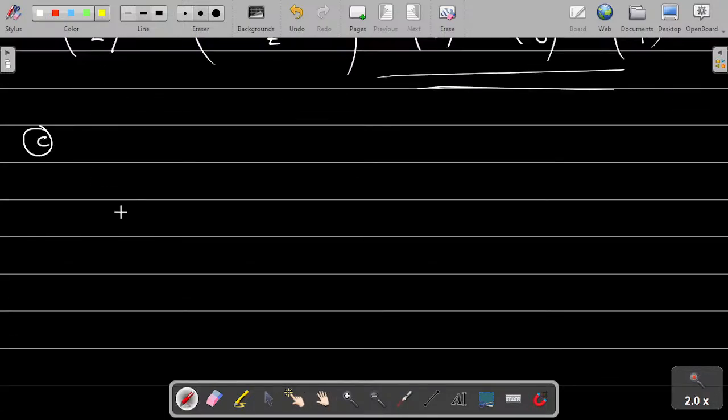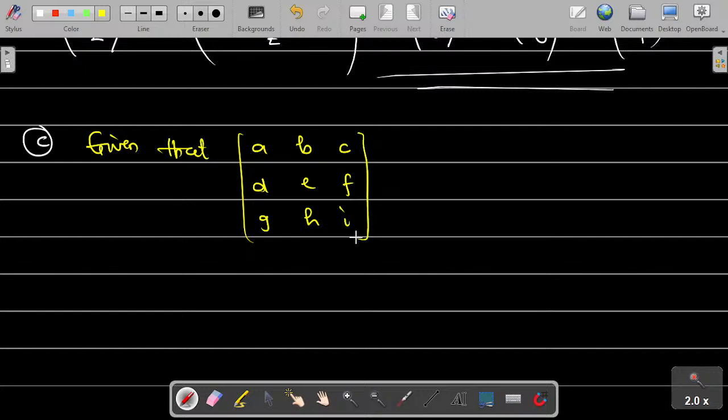All right, so for C we are given a matrix with rows ABC, DEF, GHI. Sorry, what we had there is the determinant.